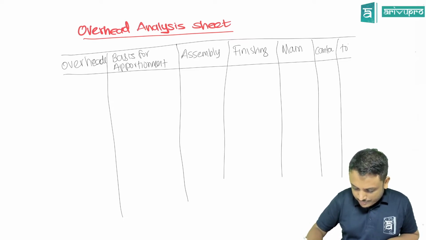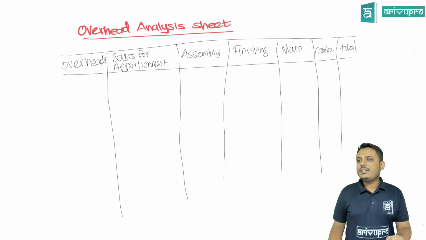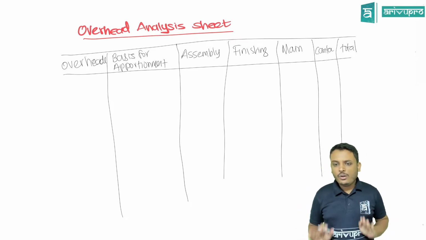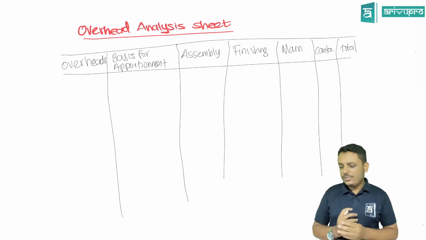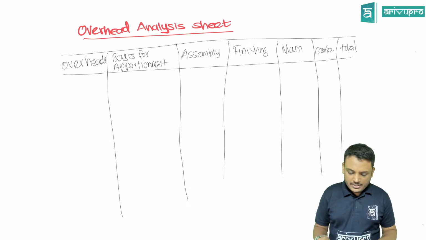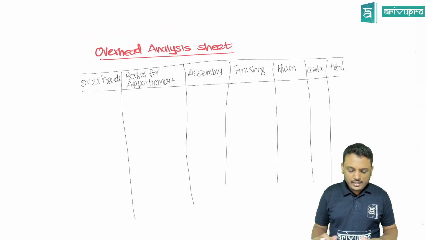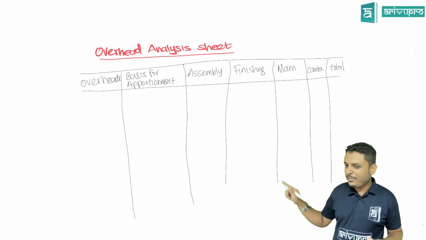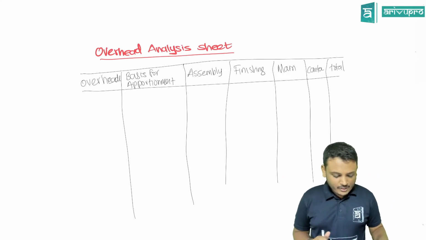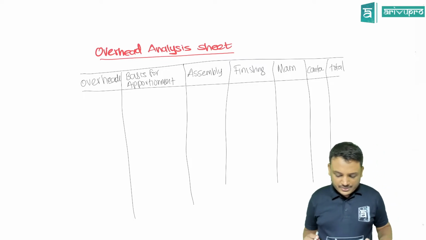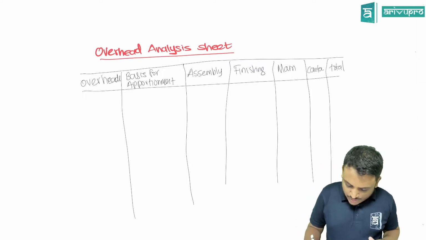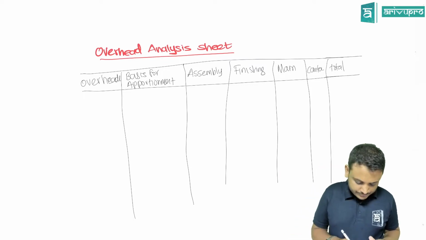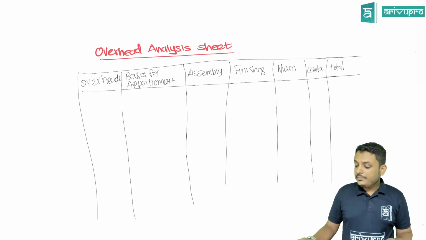Then total. Is it clear? This is what we call the overhead sheet. I'll give you 1 minute. Copy this overhead sheet first. Is it clear?